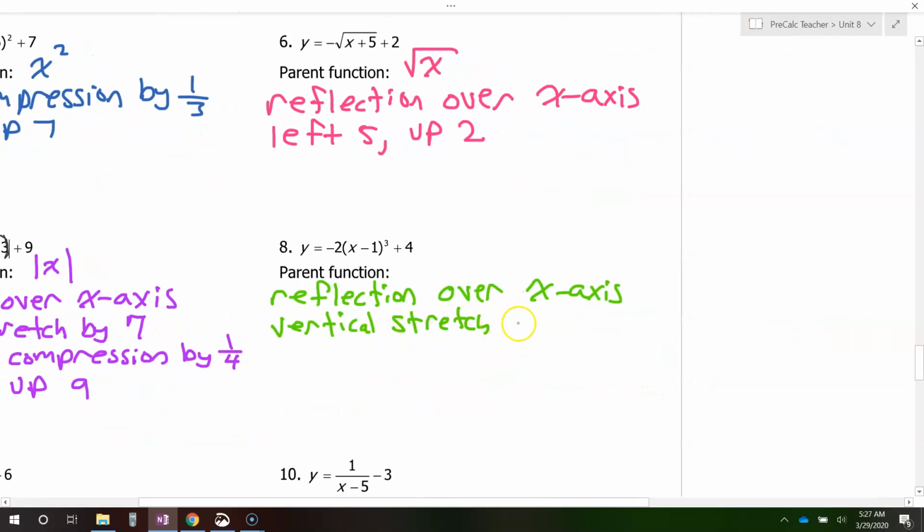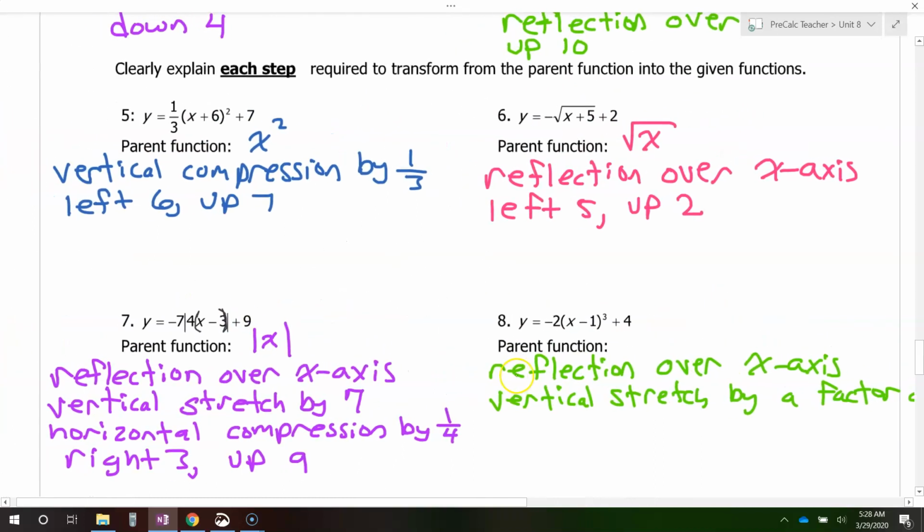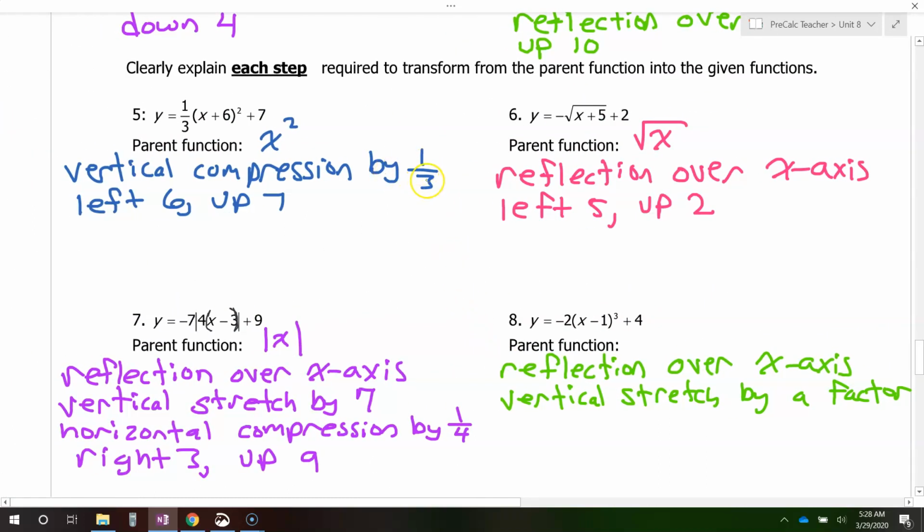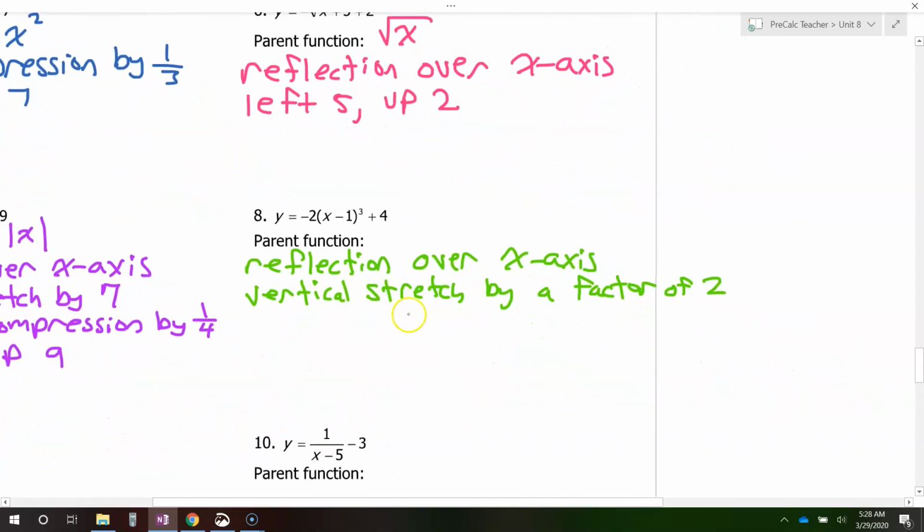And we really should say a vertical stretch by a factor of 2. I've been just squeezing in by 1/3 because I didn't have space to say by a factor of 1/3, but you really should say by a factor of. Anyway, the minus 1 is going to be to the right 1. And the plus 4 is going to be up 4.